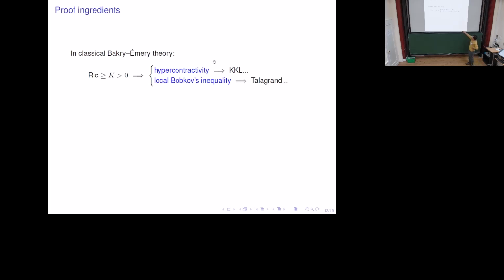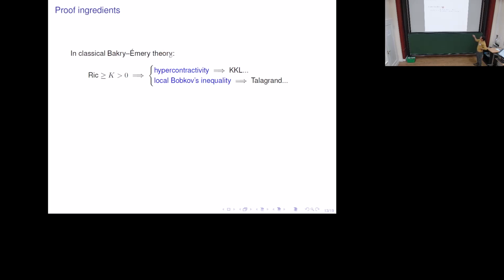Let me recall that these two inequalities are very powerful in deriving some other very classical results, such as KKL. This might be a little confusing, but to prove this KKL, the crucial ingredient is hypercontractivity. You certainly need some additional assumption for the semigroup, but maybe hypercontractivity is the most important.